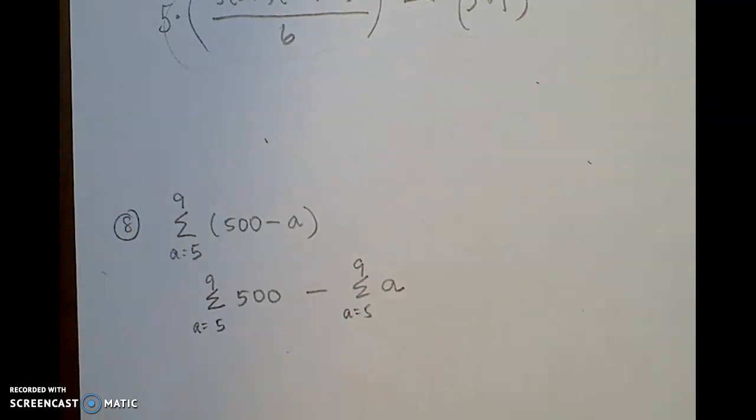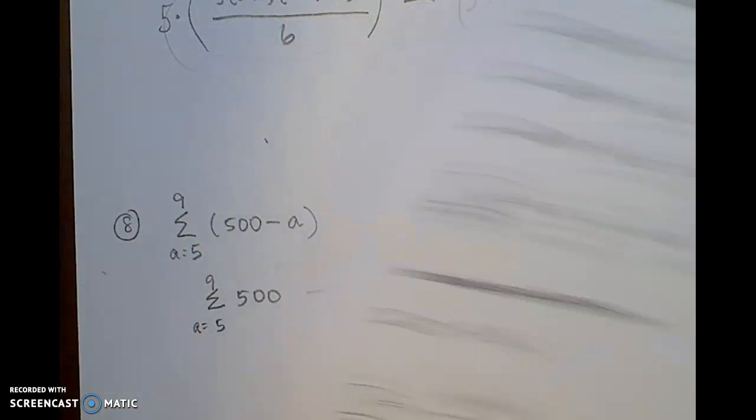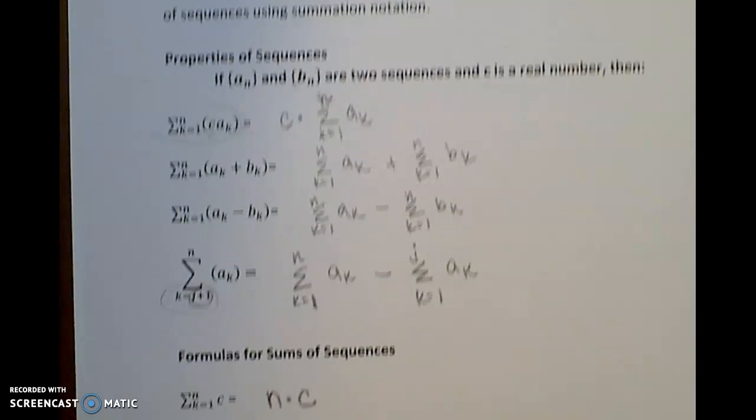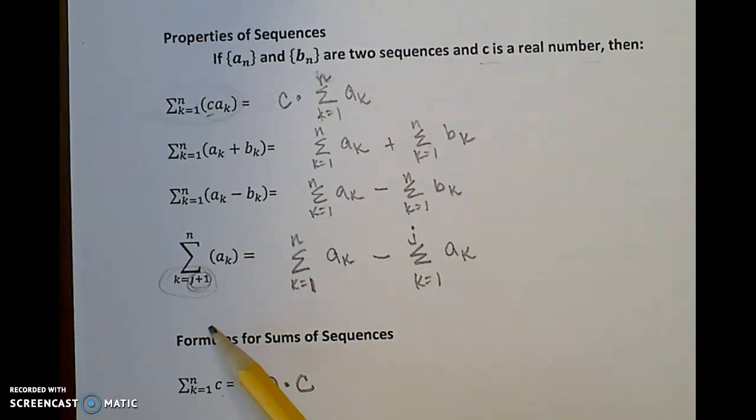Now this one, you notice that we do not start with the first term for the summation. So I'm going to bring you back to the note sheet where we had this property, where we're going to break up that initial term into some value plus 1.